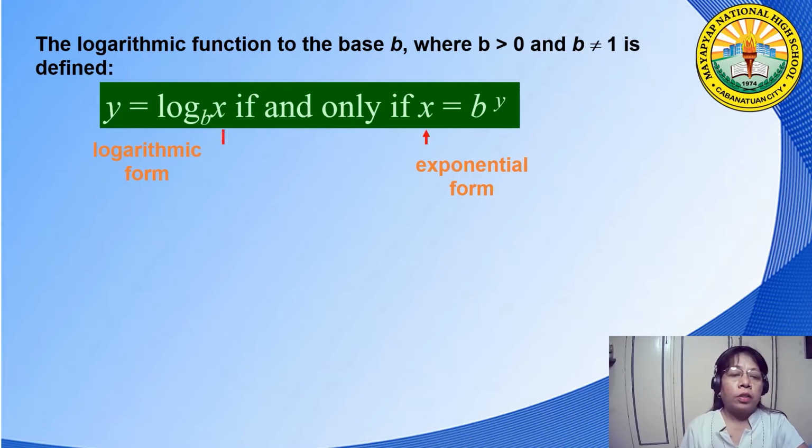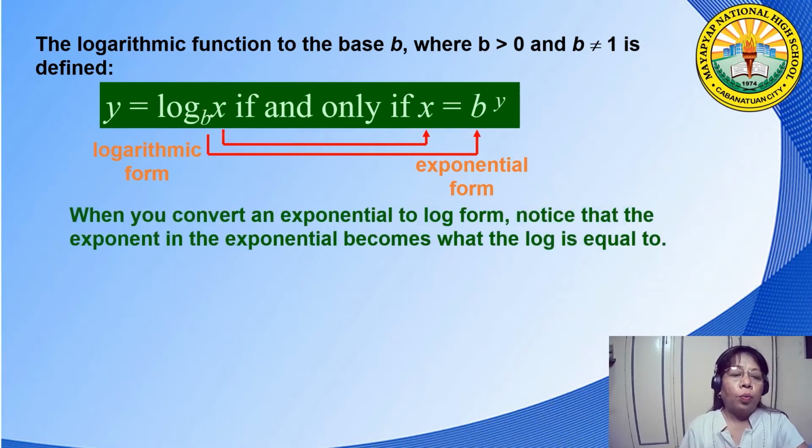So x in logarithmic form and x in exponential form is called the power. Then the base b in logarithmic form is the same as the base in exponential form, and it is called the base.